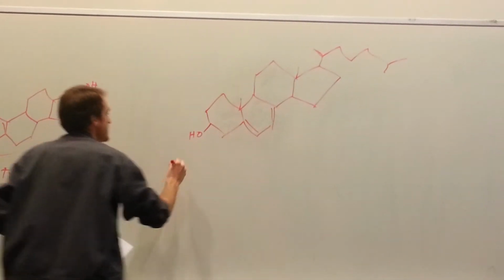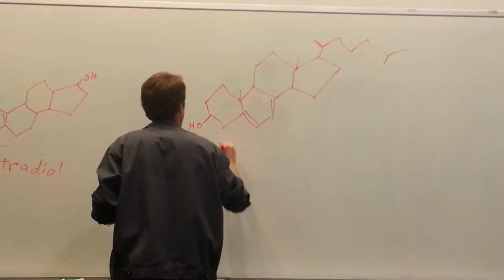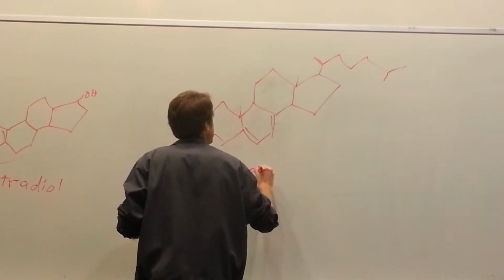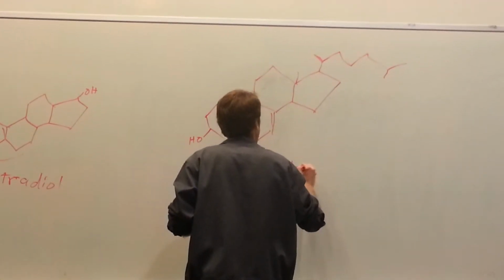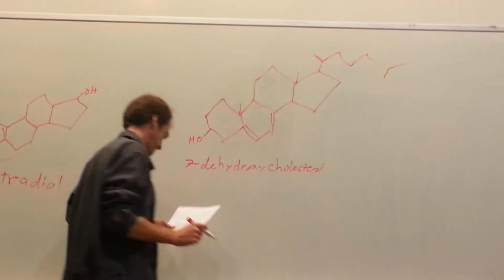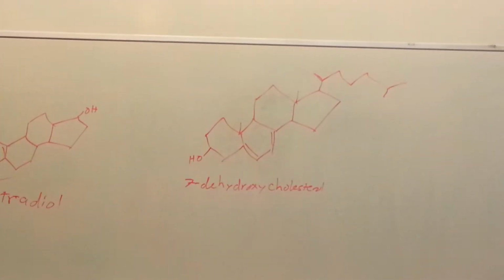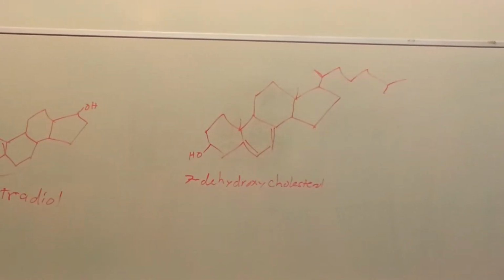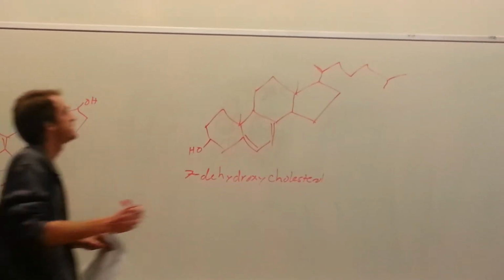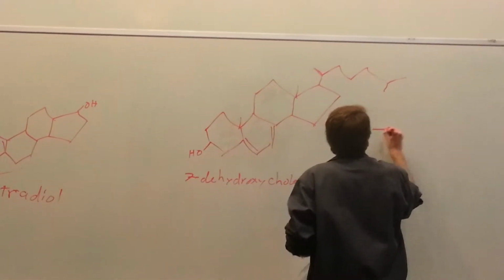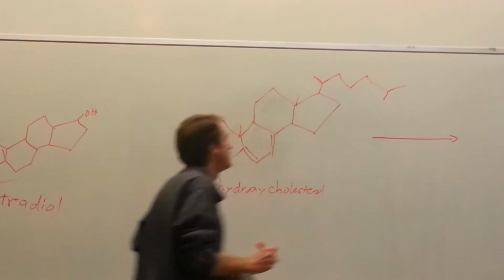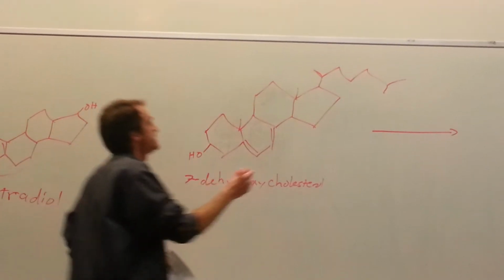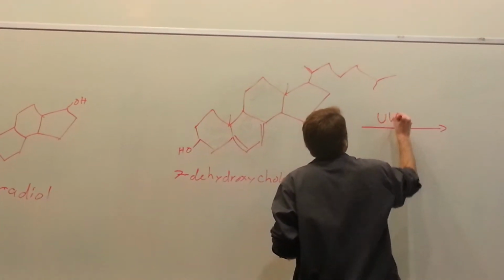Okay, this is 7-dehydrocholesterol. Right, this is synthesized in the liver and then transported to the skin to undergo its next synthesis step.